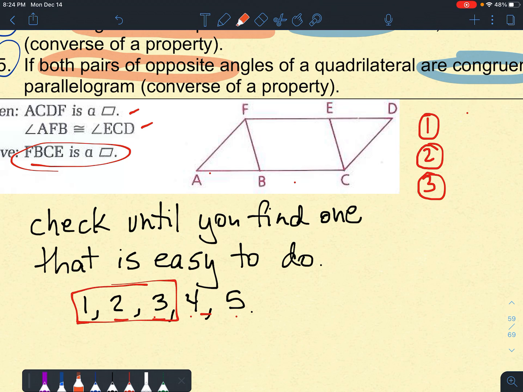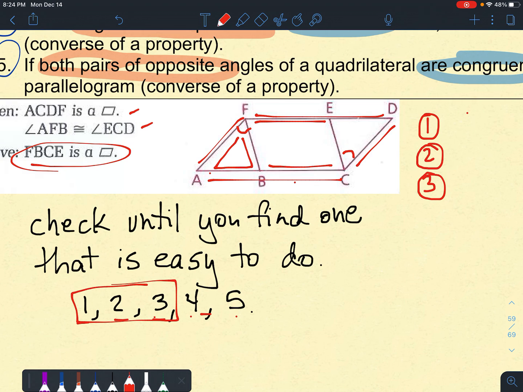So we know that we have a parallelogram, so I already know that this side is parallel to this side, and this side is parallel to that side. That's kind of nice because already I know that this side is shared, right? So that side is parallel to the other side. I also know that this angle is congruent to that angle, which tells me I could probably mess around with these 2 triangles, and then I could probably get some CPCTC.